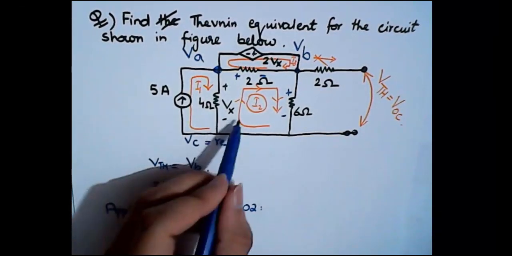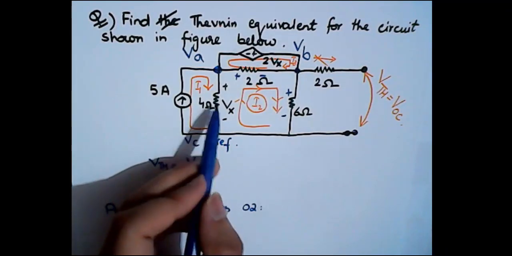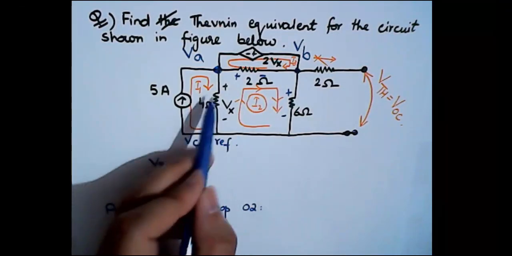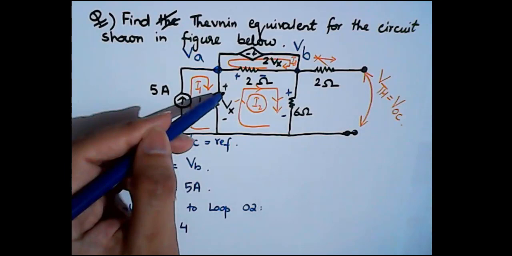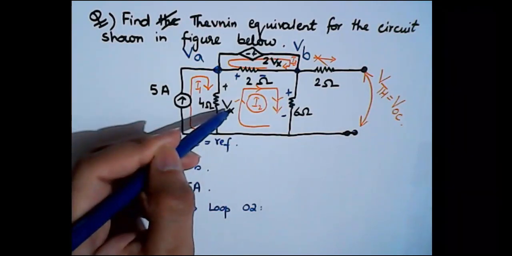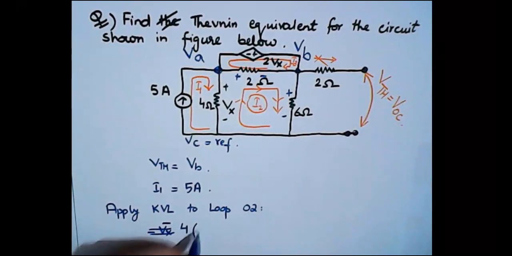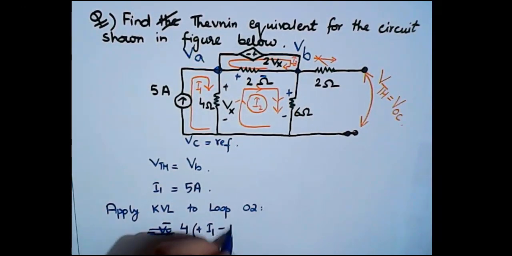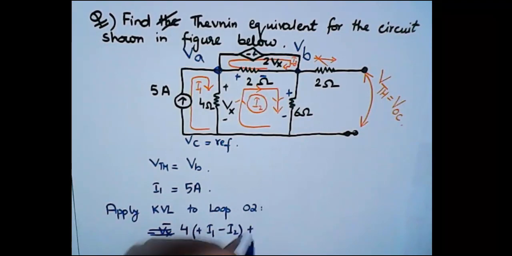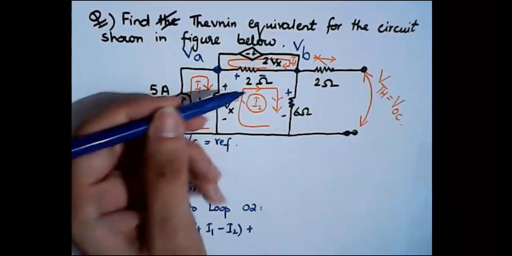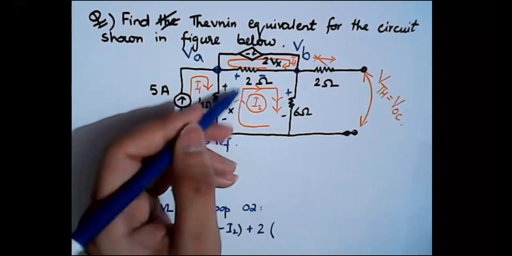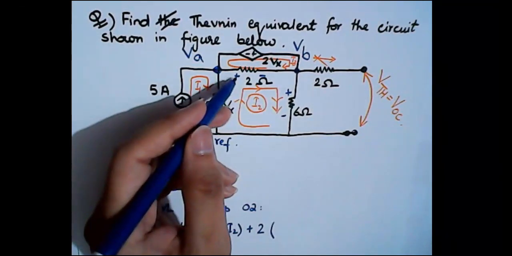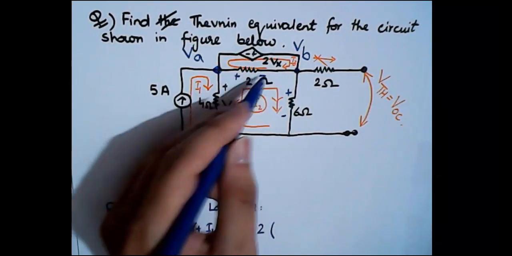Minus, why minus? Because the current is entering the negative terminal, and two currents are flowing through this resistance, right? I1 is entering the positive terminal, whereas I2 is entering the negative terminal, which means plus 4 times I1 minus I2. Similarly, plus, why plus? Because the current is entering the positive terminal, plus twice, because the resistance is 2 ohms. The current entering the positive terminal is I2, and the current entering the negative terminal is I3.